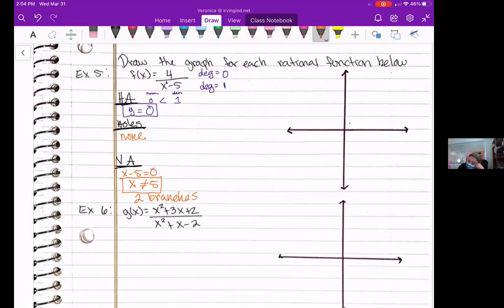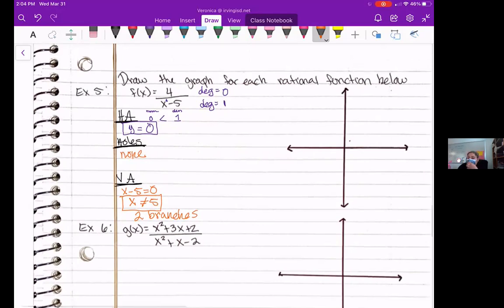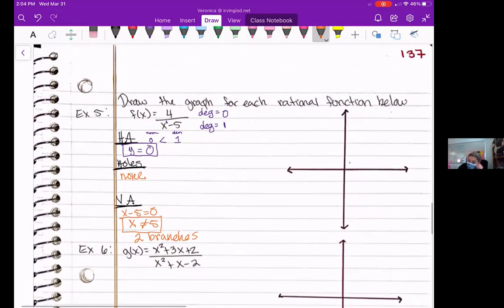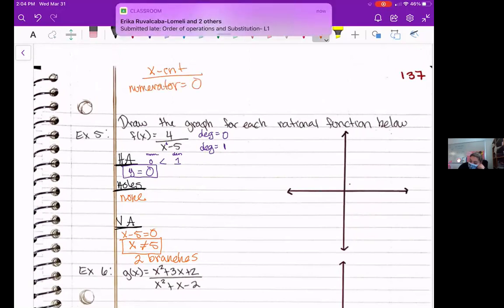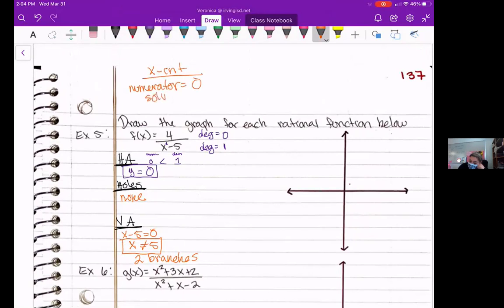Now, this is where I told you that you should remember how to find x-intercepts and y-intercepts. So I'm going to tell you. For your x-intercepts, you set the numerator equal to 0 and solve. And for your y-intercept, you plug in x equals 0 and solve for y.